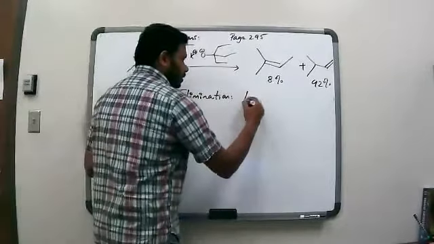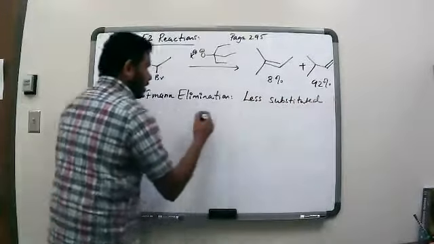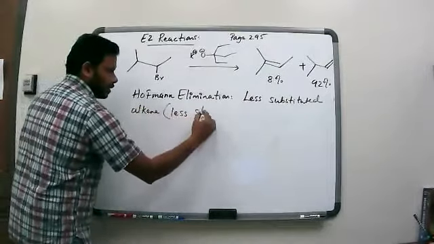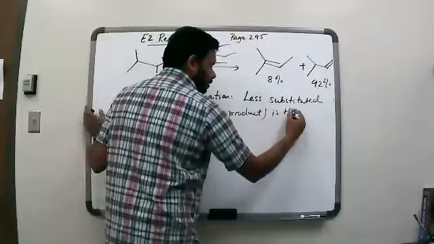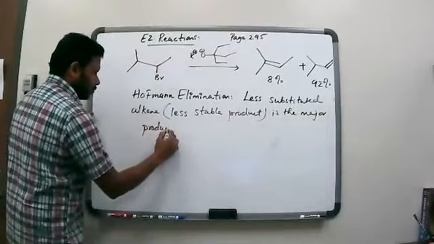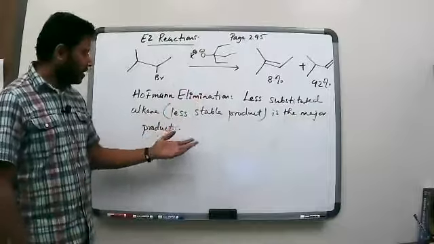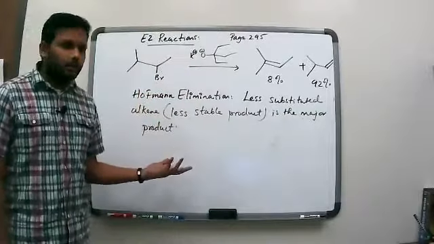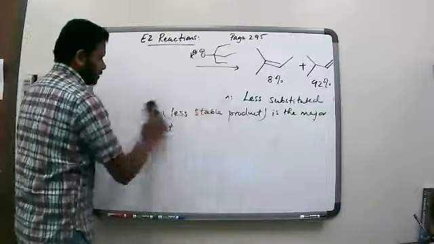So in a Hofmann elimination, the less substituted alkene, which is the less stable product, is the major product. The less stable alkene or the less substituted alkene is the major product in a Hofmann elimination. Okay, so that's regioselectivity in E2 reaction. So let me show you an example of how we would exploit this.